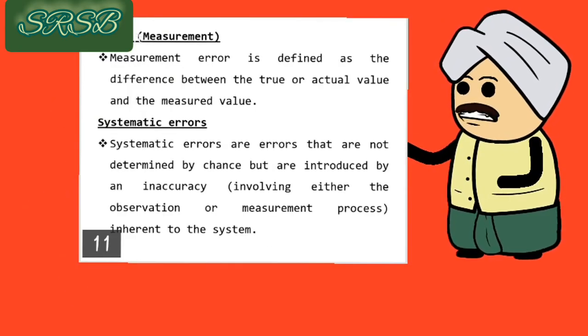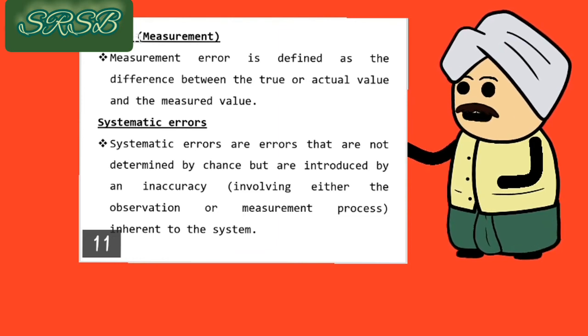Next, error in measurement. Measurement error is defined as the difference between the true or actual value and the measured value. It is classified into two types of errors: systematic error and random error.